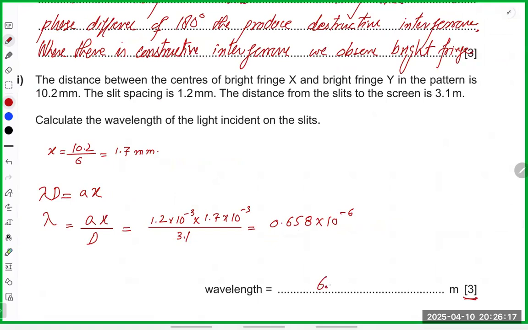So it is 6.6 into 10 to the power minus 7 meters.